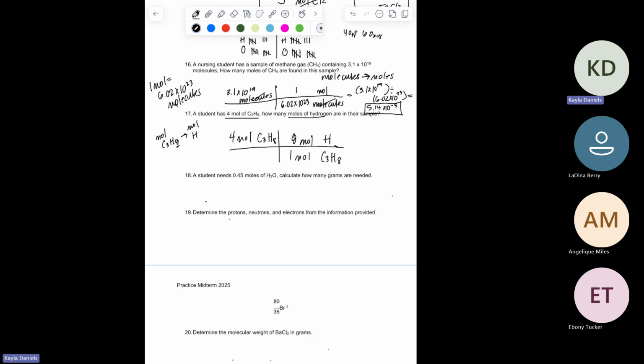I'm getting that because in C3H8, there are 8 hydrogen in 1 molecule. So I can cross off that, and now I'm into moles of just hydrogen. 4 times 8 is 32. So my answer here would be 32 moles of hydrogen.